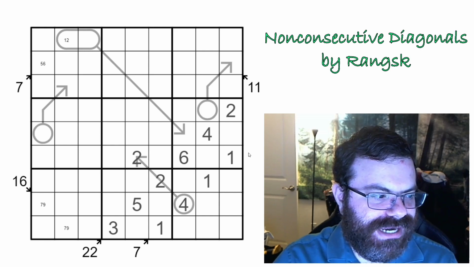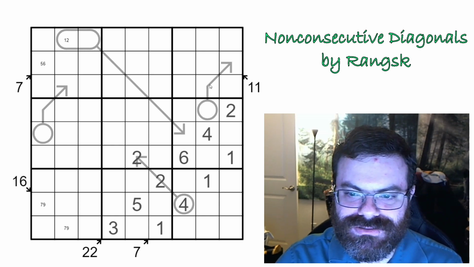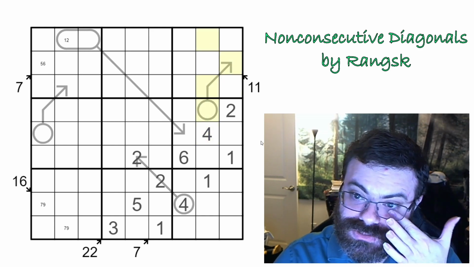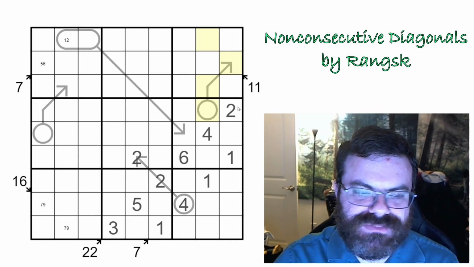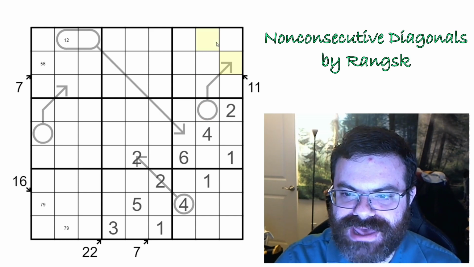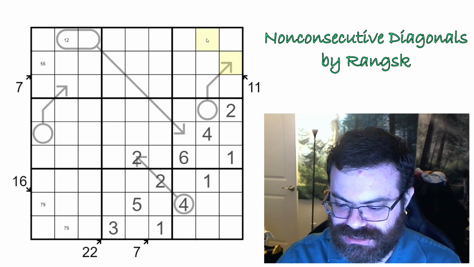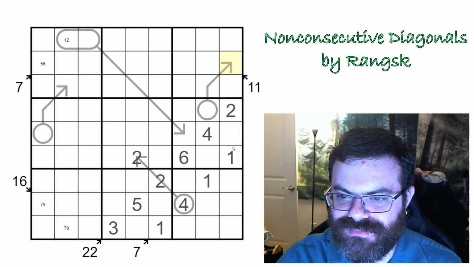Now, the next thing that I'd recommend looking at is the combination of this arrow and this 11 sum. The best way to put this is, how do we make this 11? Let's start with that. In terms of this square, it can't be 1 or 2.